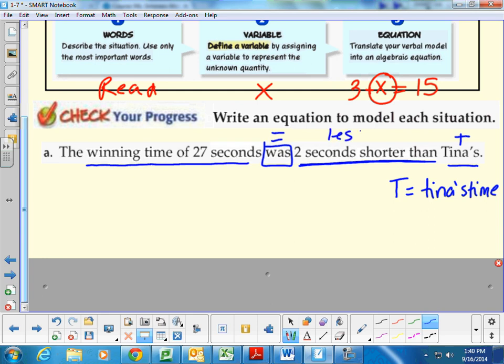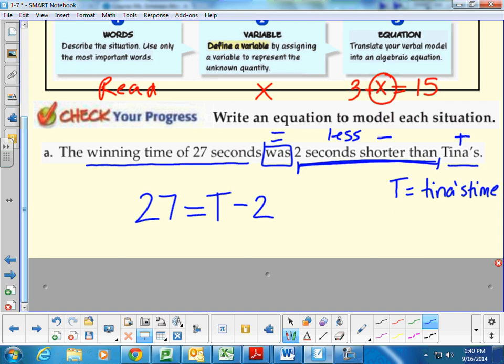I know that less is a word for subtraction. So I can think that this 2 seconds shorter than is minus 2. Well, minus 2, Tina's time is 2 less than the winning time of 27.